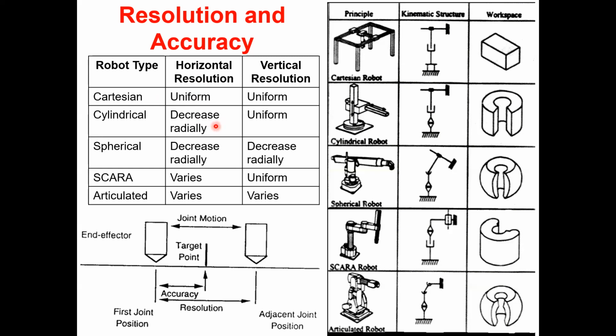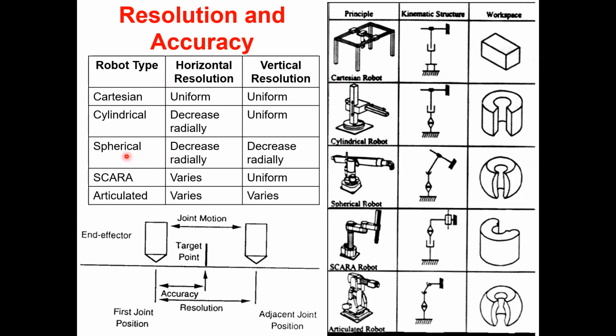So the resolution is the smallest distance. If you calculate the horizontal motion over here and over here, as you increase the radius, the horizontal motion in millimeters or sub-millimeters is increasing, which means the resolution decreases.